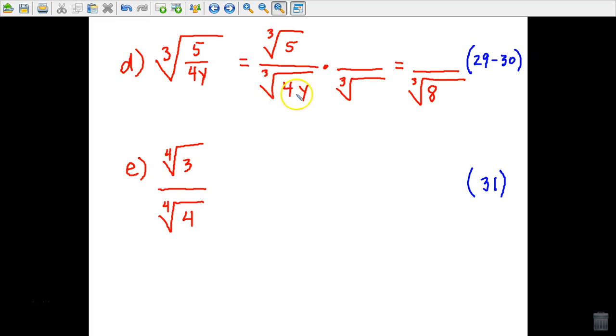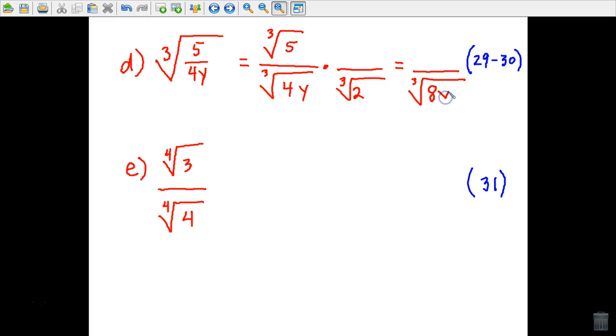To get there, I'm going to have to multiply the cube root of 4 times the cube root of 2. So your thinking now is you've got to think of something to multiply by to create, in this case, a perfect cube root expression. Now let's move on to the y.